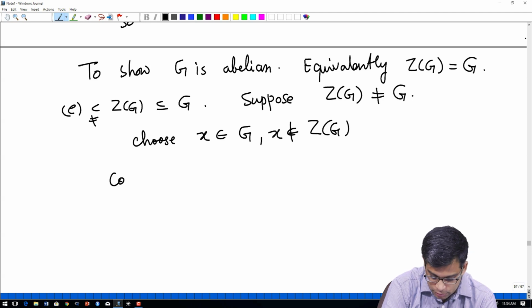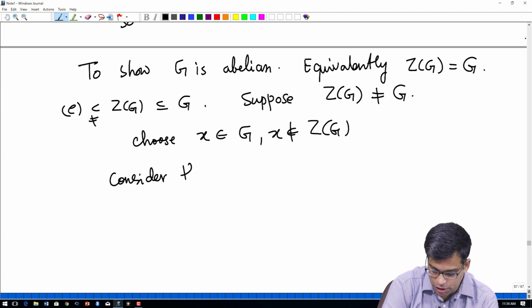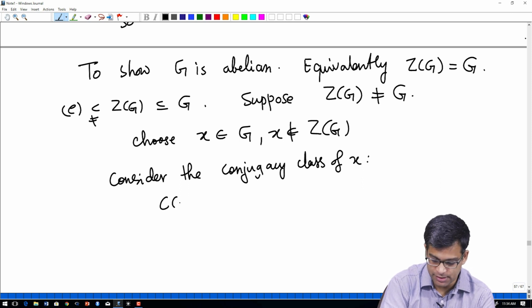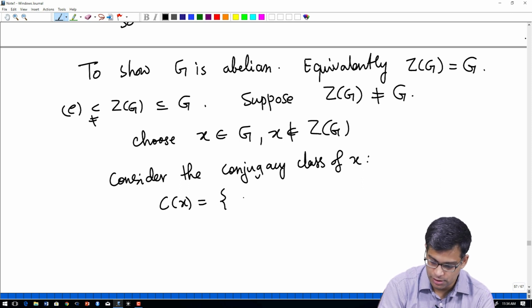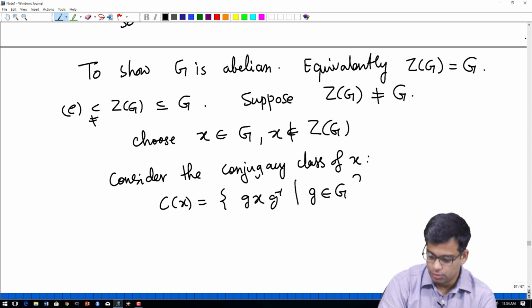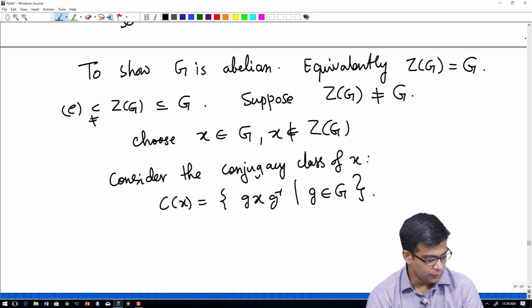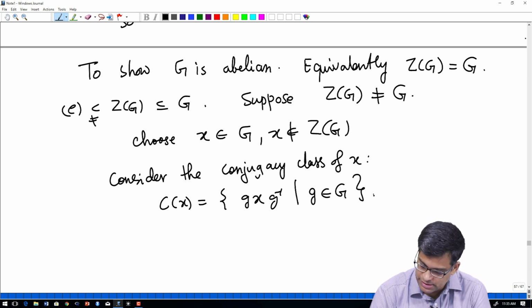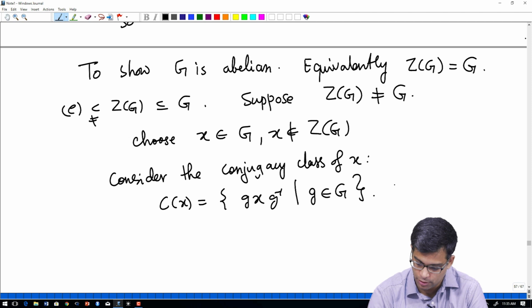Let us consider the conjugacy class of x, which is the set of elements g x g inverse as g varies. Sorry, this is the centralizer.